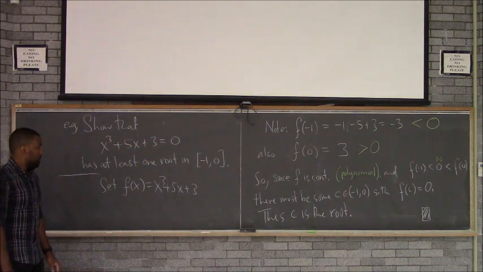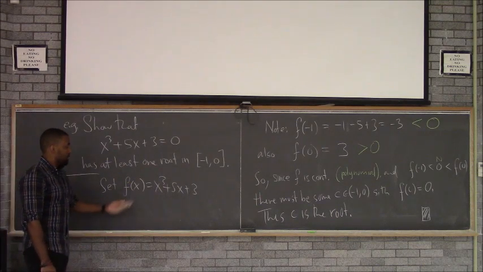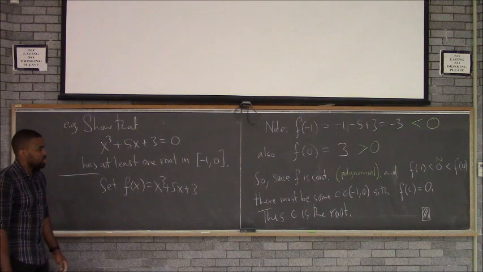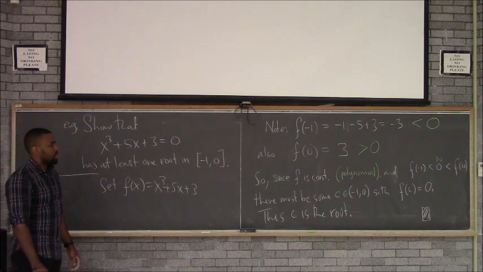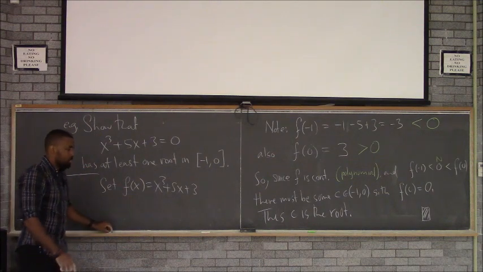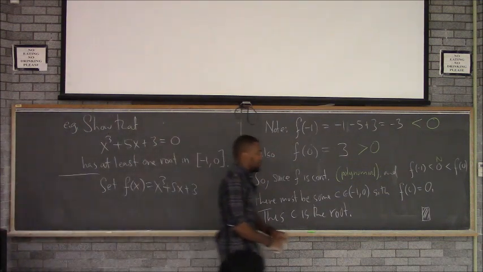That's just applying the intermediate value theorem. Now, f is continuous because it's a polynomial. This means it attains all intermediate values. So if I know it hits values below and above 0, it will have to hit all values in between, which is in fact 0 itself. Right?